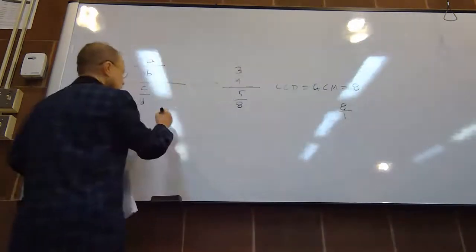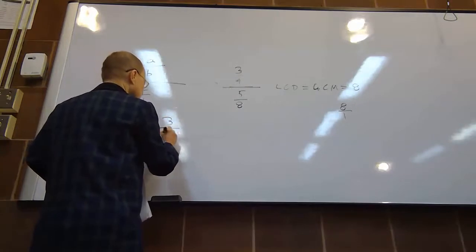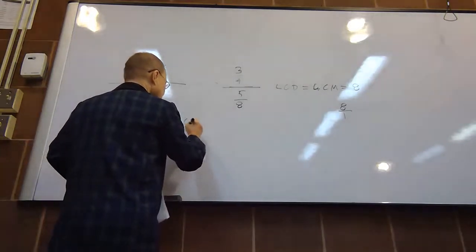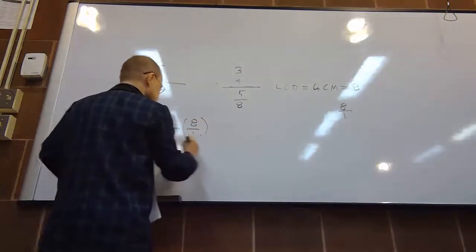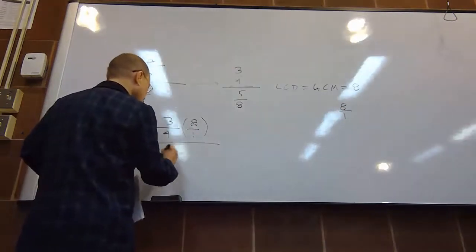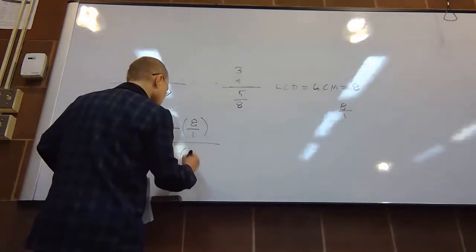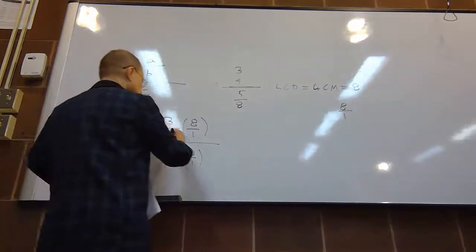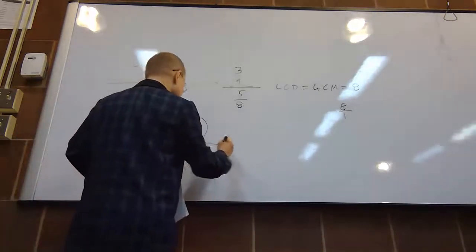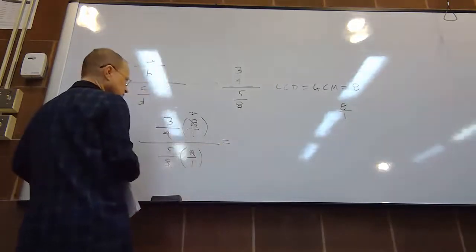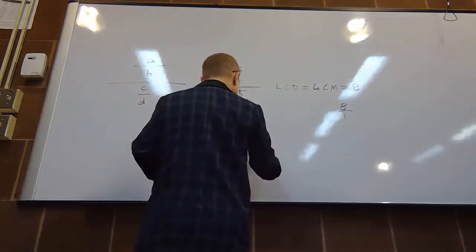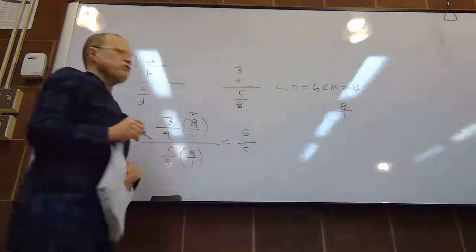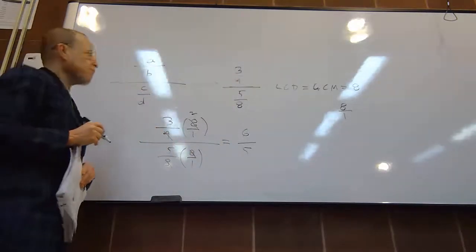So now we go 3 over 4 times 8 over 1 divided by 5 over 8 times 8 over 1. And then, of course, here this is 2, and here these cancel out. So we end up with 6 over 5, which is our final answer here.